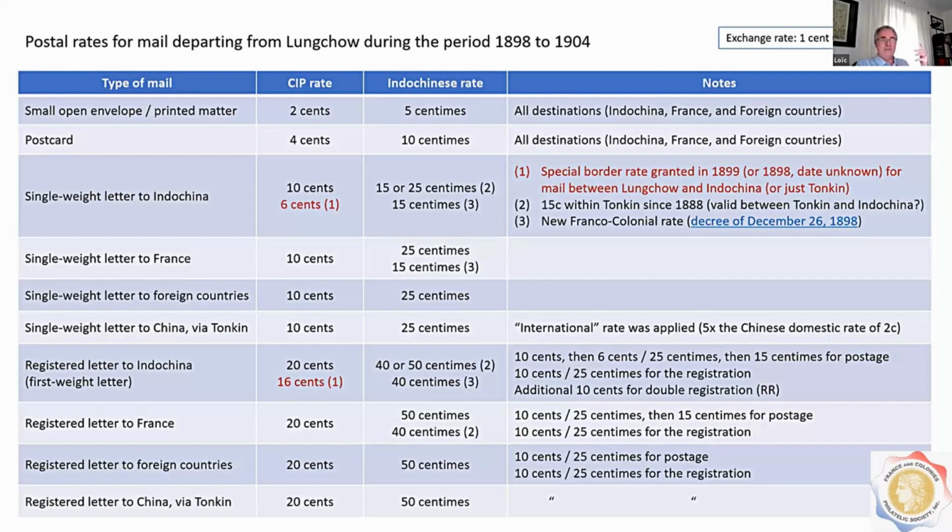The rate was basically 1 cent of piastre for 5 centimes. But in early 1898, that rate went up, and you needed like 6 cents of piastre for a 15 centime stamp. So it was like twice as expensive. That makes things quite complicated.